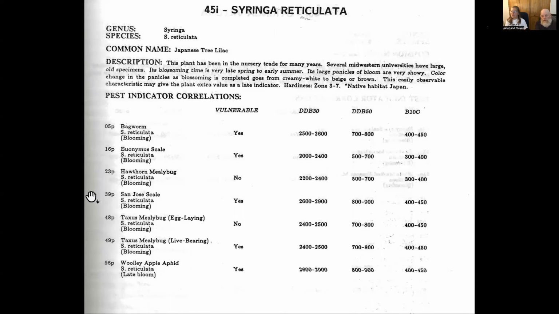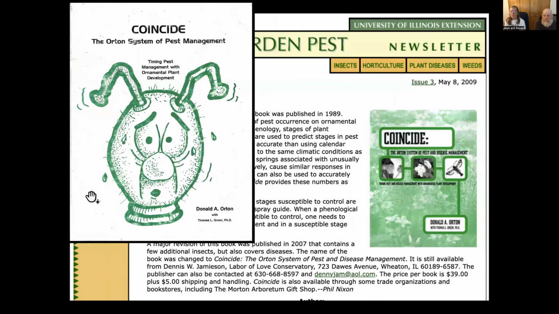Now, Coincide was written quite a long time ago. It was revised once in 2007. They're both out of print. They're both obviously very well appreciated because it's hard to find them even in used bookstores. But if you find one, grab it. But the system, the phenology system, great book.